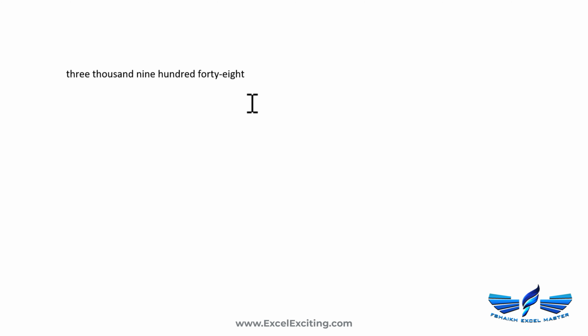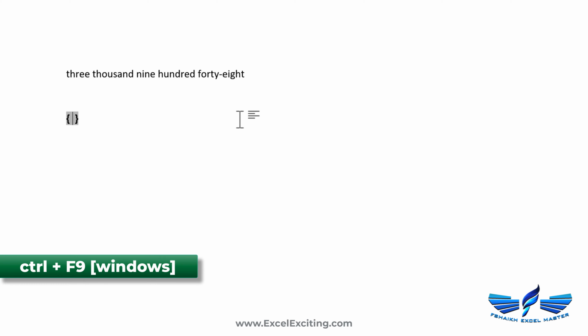Now let's assume that you don't like to go with this long method of Insert and Quick Parts, I have an easier way to do it. All you're going to do is press Ctrl F9, so that will open the curly brackets, and we'll say equals to, and just put the number you would like to convert, backslash, star, which is very important, and I'm going to say cardtext.